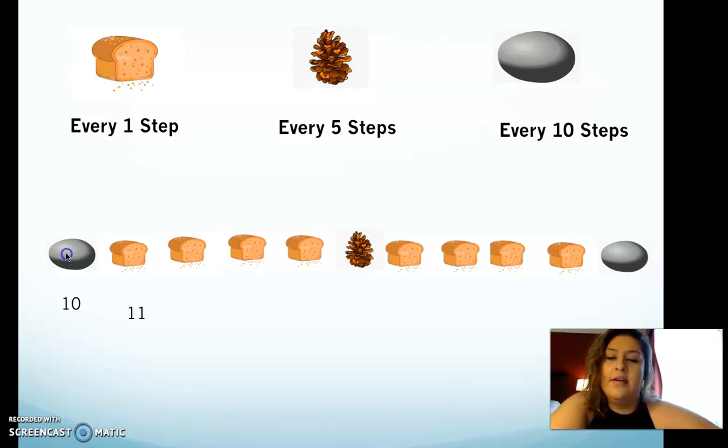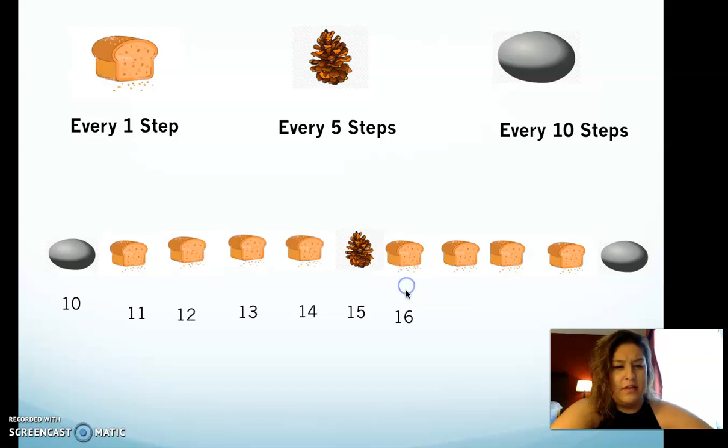Okay, 10, 11, 12, 13, 14, and I took 1, 2, 3, 4, 5 more steps. So that's a pine cone. So then we started at 10, we took 5 steps that got us to 15, but because this was 5 steps in between, I left a pine cone. So now from 15 to here, how many more steps are we going to take?